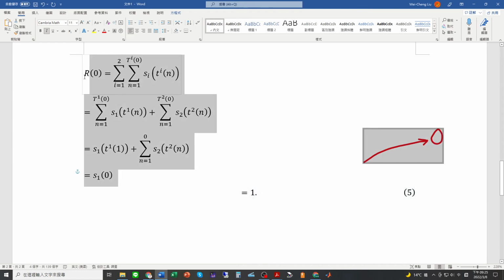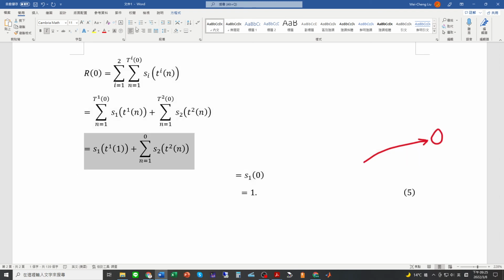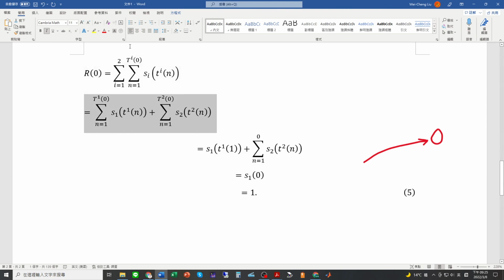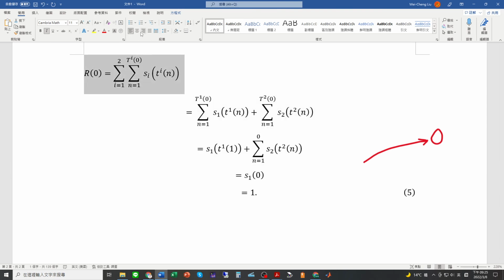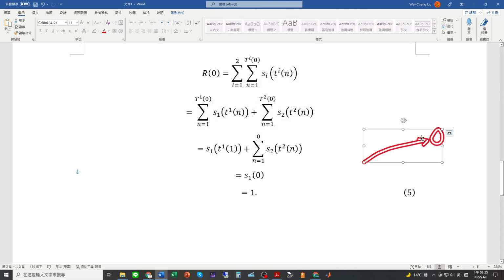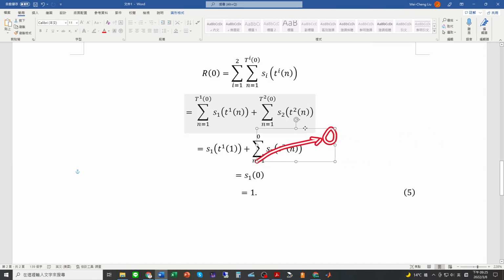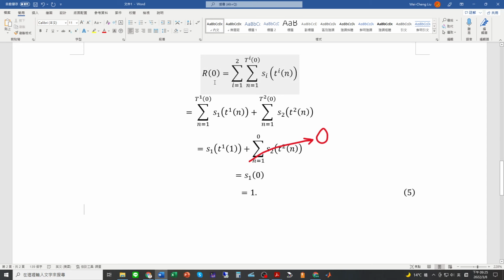And I move this equation to the center. And this is cancelled to 0. So we have found that r of 0 is equal to 1.